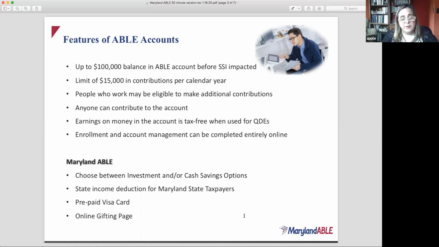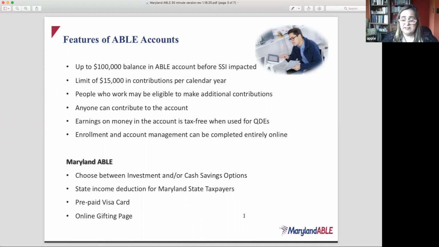Here in Maryland, we also offer a prepaid Visa card, which is a very convenient way to access the funds in your ABLE account to pay for those qualified disability expenses. You can use it anywhere, online or in stores, anywhere that Visa or MasterCard is accepted.